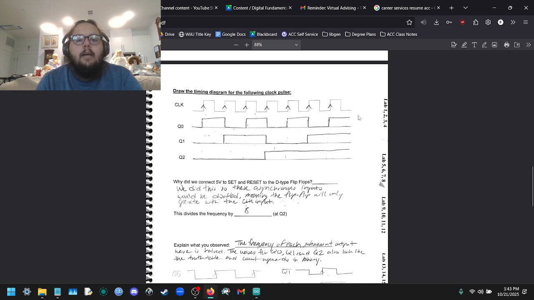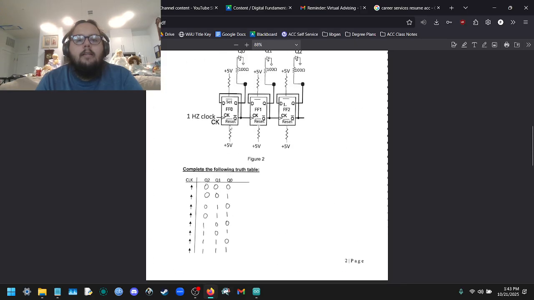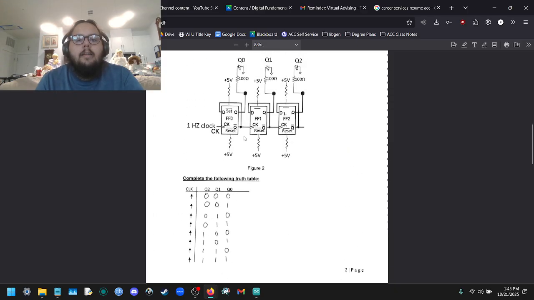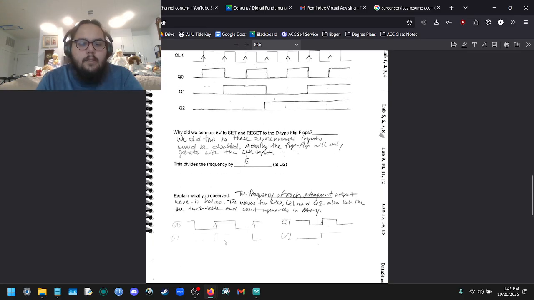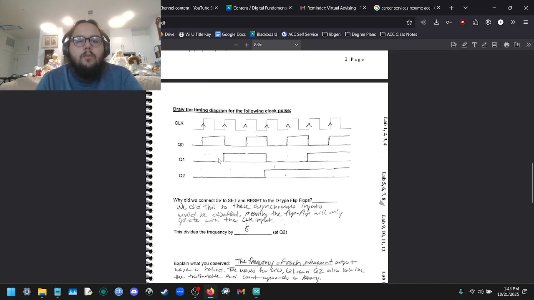And we were also tasked with drawing a timing diagram for the clock pulses, and I was able to do this by looking at the schematic. And so the CLK, as you can see, there is no bubble here. So when a PGT occurs, the input that goes into Q0 will actually be registered, and the PGT of the inverse of Q0, as you can see over here, is what will determine the output of Q1.